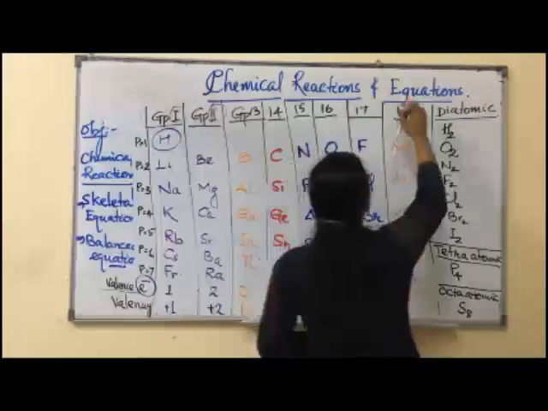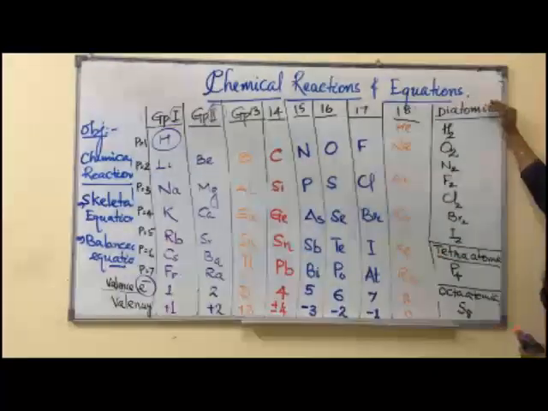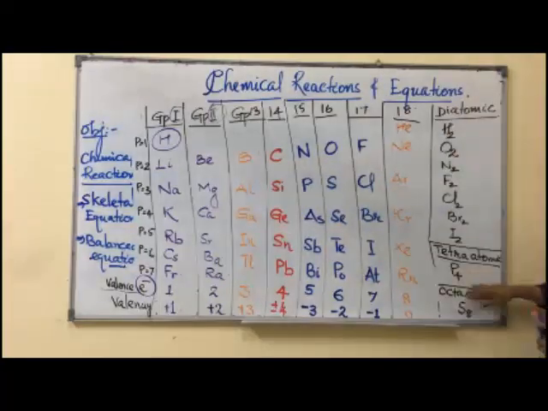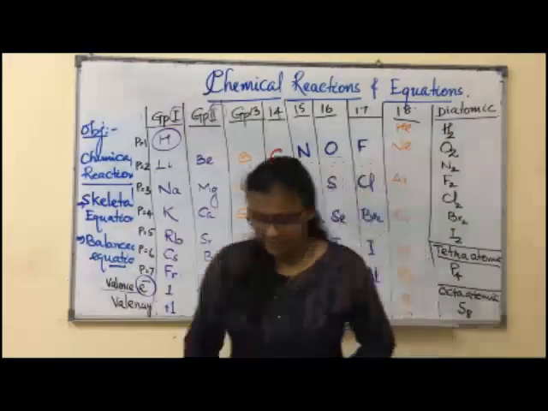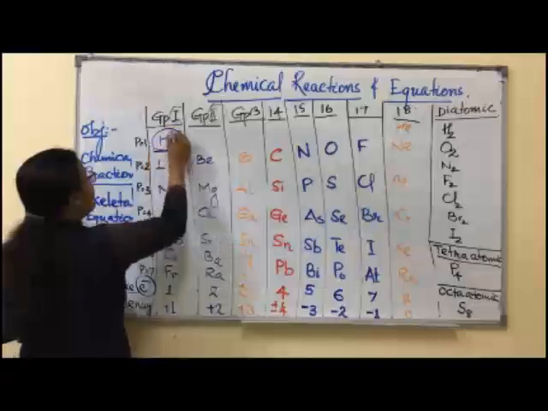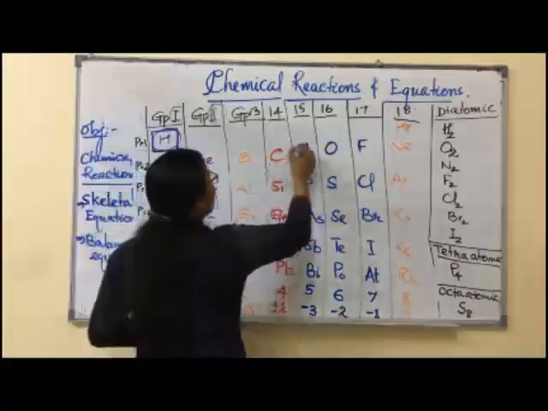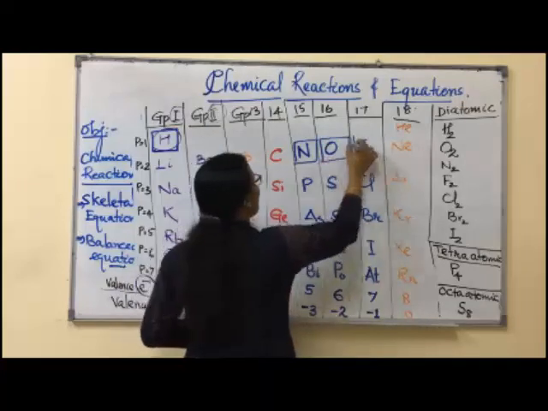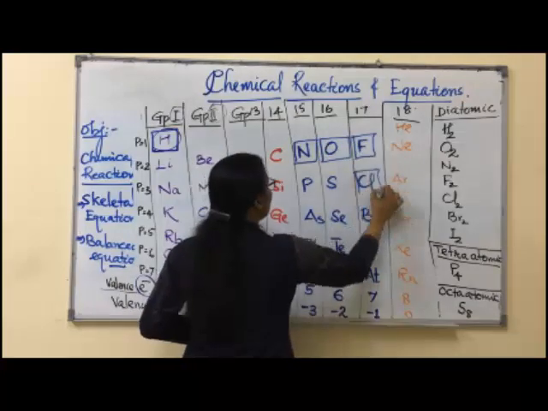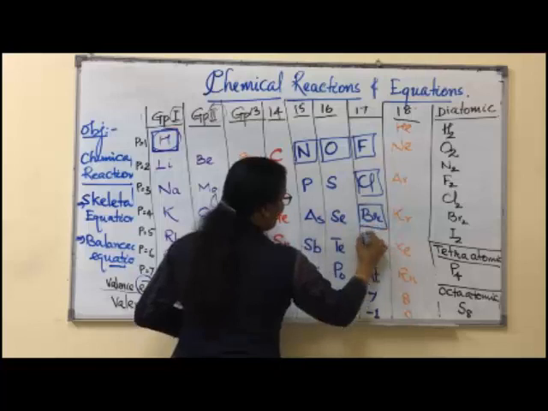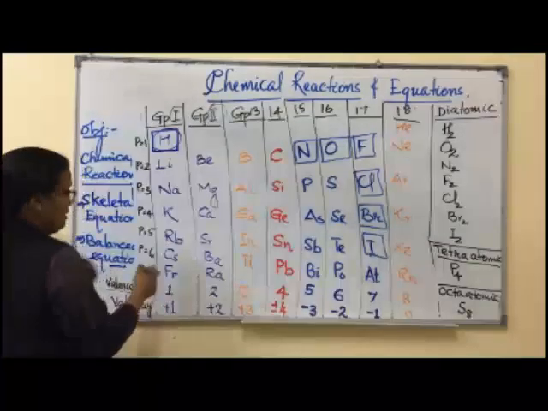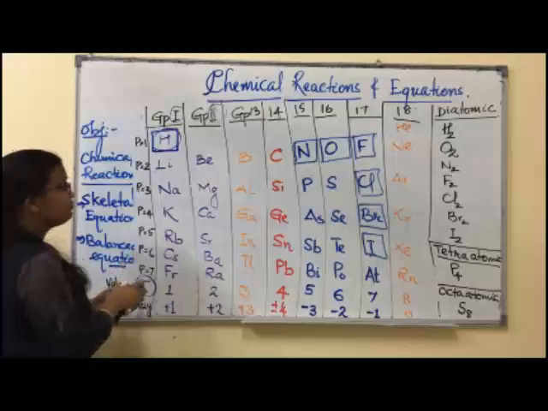So these are the major elements, and as I discussed before, from the periodic table only these elements exist in molecular form. Hydrogen is in the diatomic form, nitrogen is diatomic, oxygen is diatomic, and fluorine, chlorine, bromine, iodine are also diatomic.